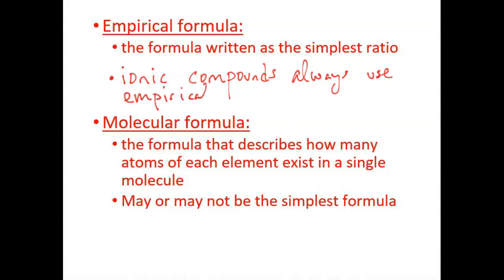They're always in the simplest ratio. Molecular formulas, sometimes they're the simplest ratio and sometimes they're not. But it's the formula that describes how many atoms of each element exist in a single molecule.